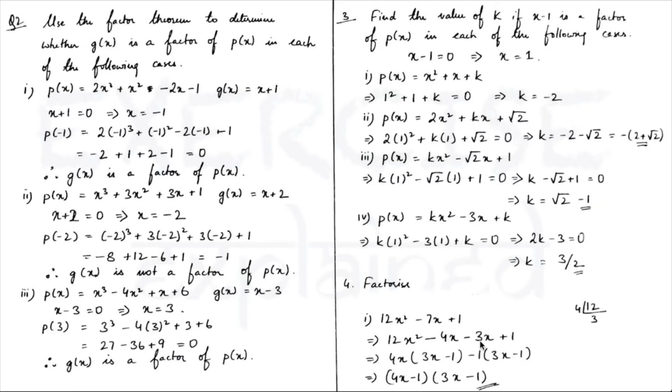So what I did is, I took out minus 1 common, and as soon as I took out minus 1 common, the signs changed over here, and we got 3x minus 1. So 4x minus 1 can be written on one side, and 3x minus 1 can be written on the other side. Coming to the next question, 2x square plus 7x plus 3.